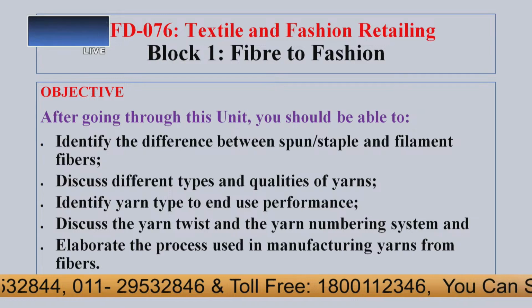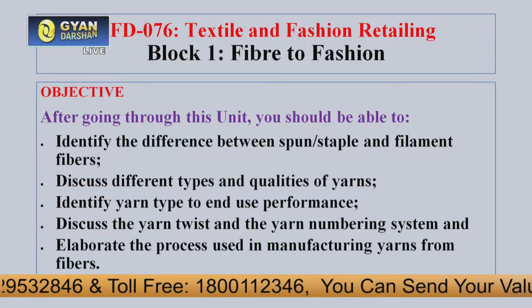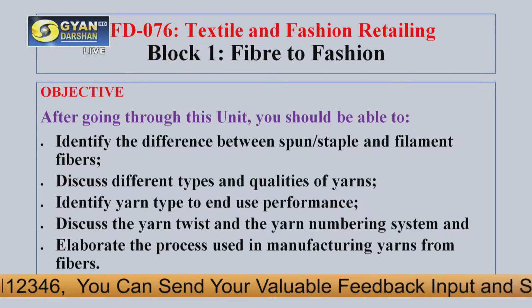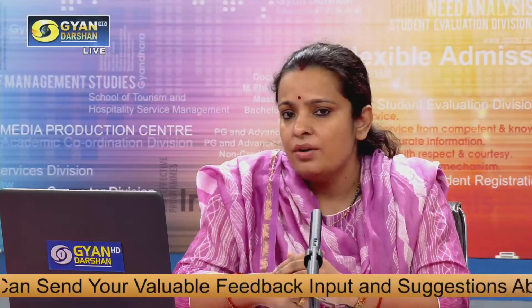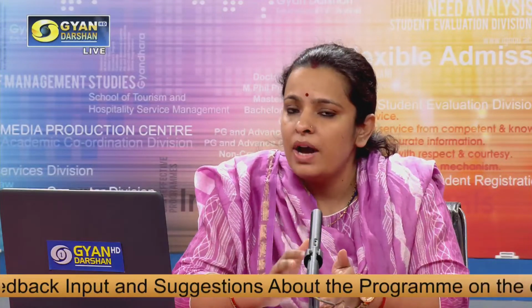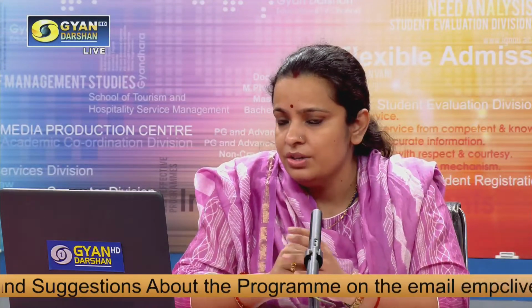Discuss the yarn twist and the yarn numbering system, that there are different twisting methods that we can use and what is the impact of that twist method according to the fiber or the yarn that we are using.